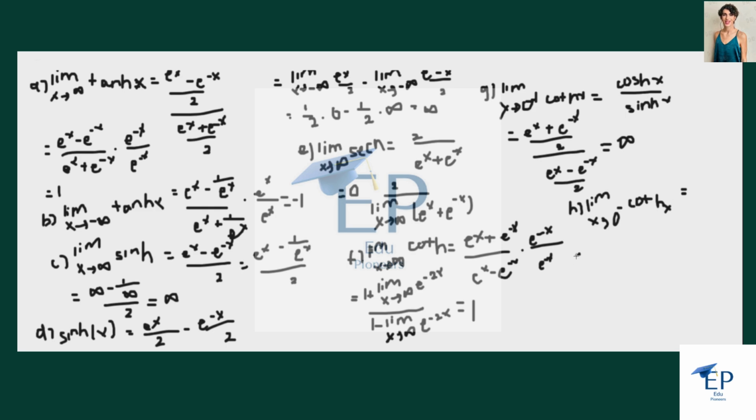And then we get e to the x plus e to the negative x all over e to the x minus e to the negative x times e to the x over e to the x, which is equal to negative infinity.